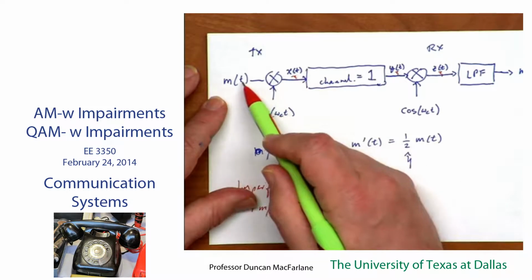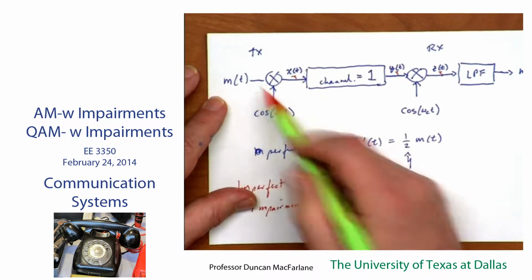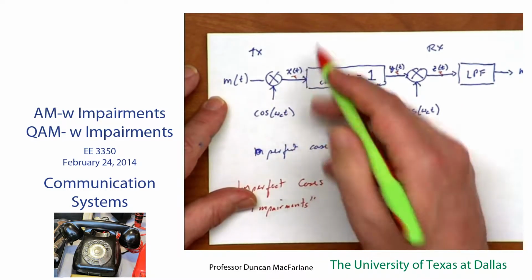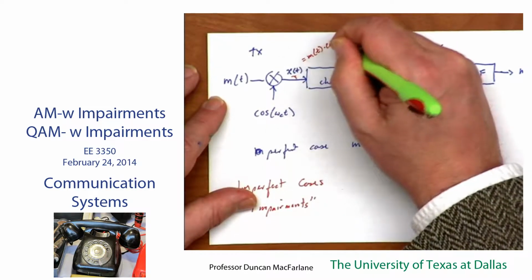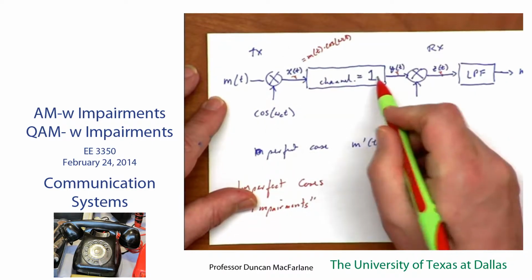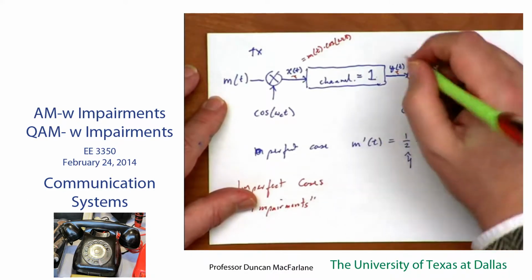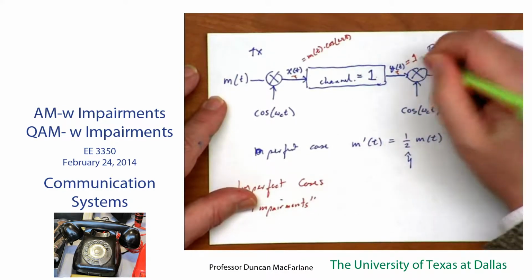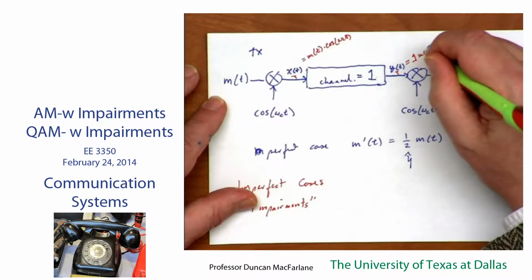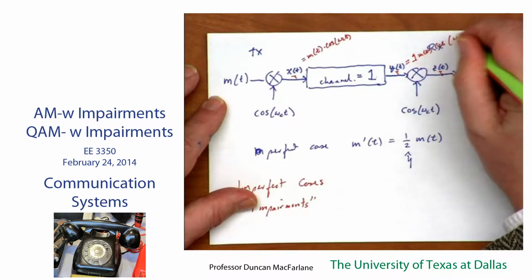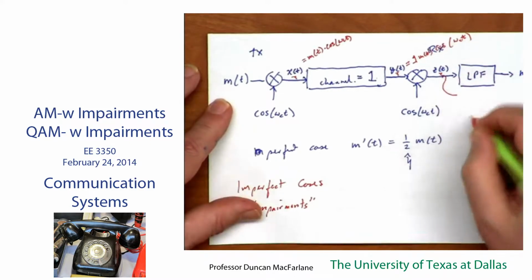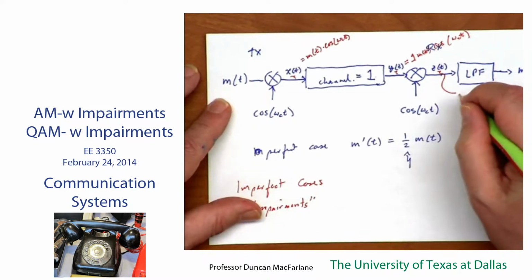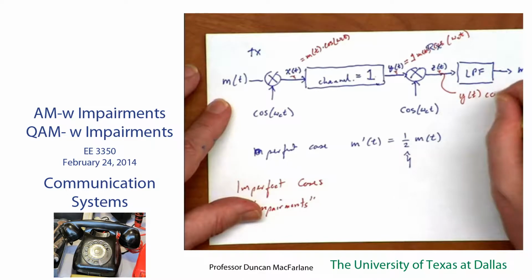Just to review, x of t would be the mix of m of t and cosine omega ct, so it equals m of t multiplied by cosine of omega ct. The channel is equal to 1, so y of t is just 1 times m of t cosine of omega ct. Z of t will equal y of t times cosine of omega ct.